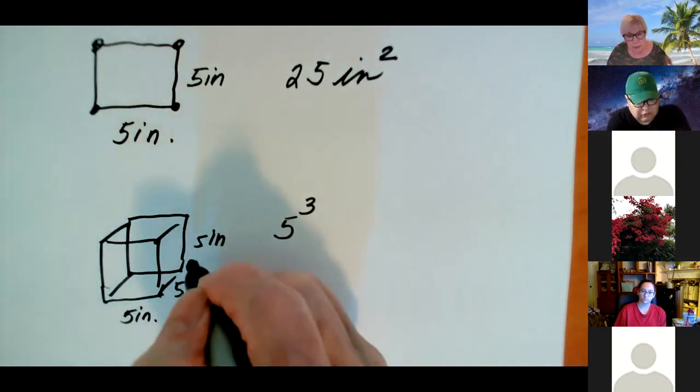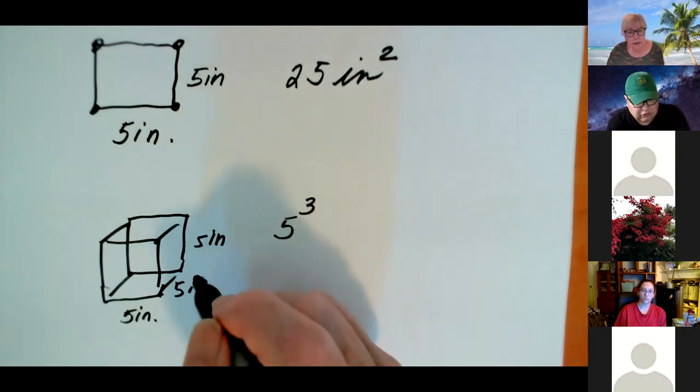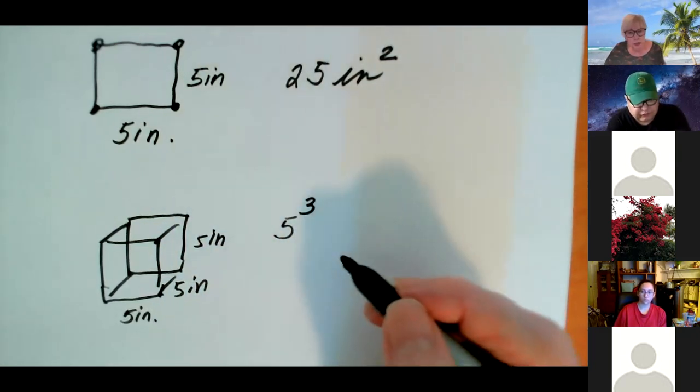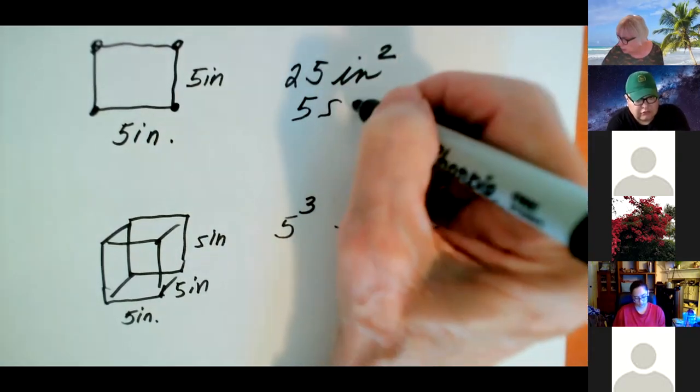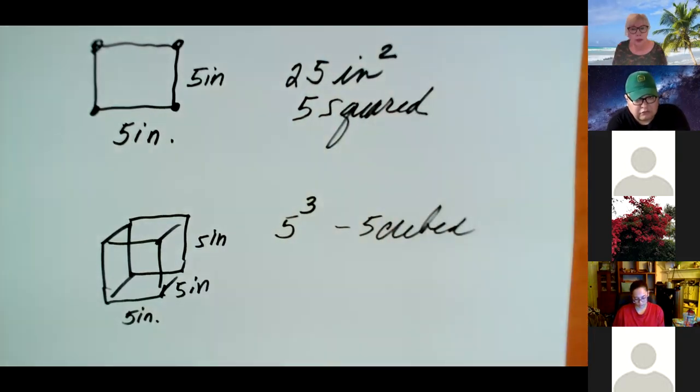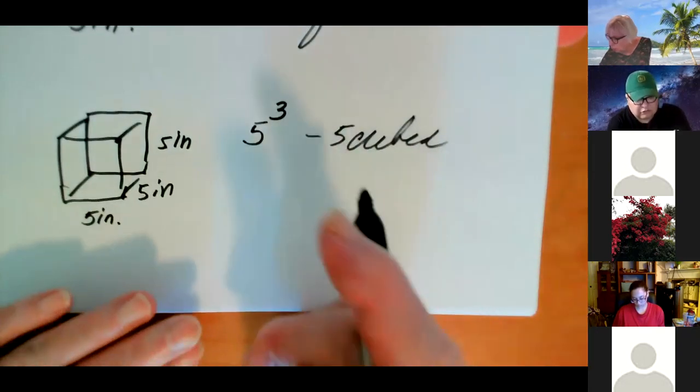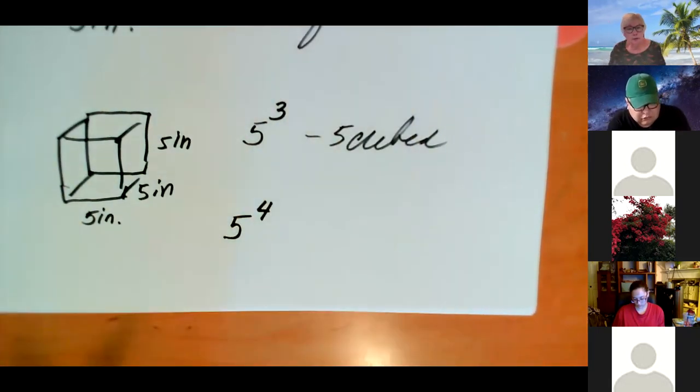So when it's all the same measurement, 5 and 5 and 5, that's where the cube came in, 5 cubed, whereas this was 5 squared. Is that okay? So that's what I want you to see. They nicknamed them. Now, the 4th dimension is hard to imagine, although in mathematics, we think in multiple dimensions. But if it was one more, we would just say 5 to the 4th power. Is that okay? So only the 2nd and the 3rd have nicknames.